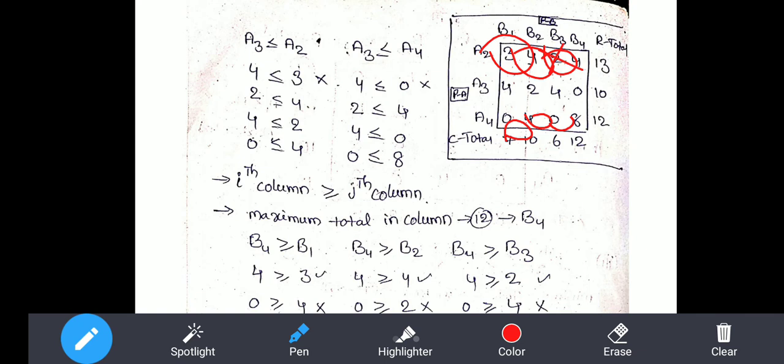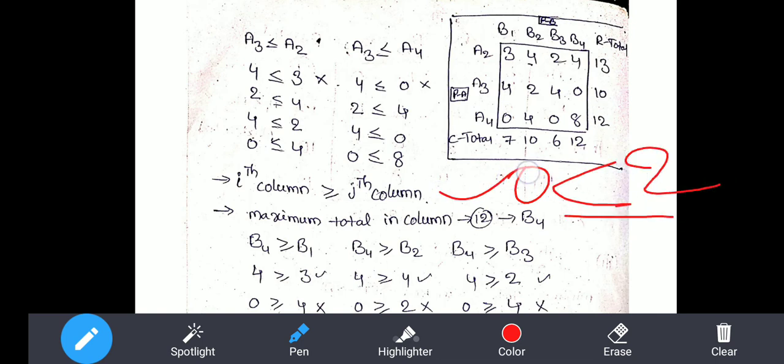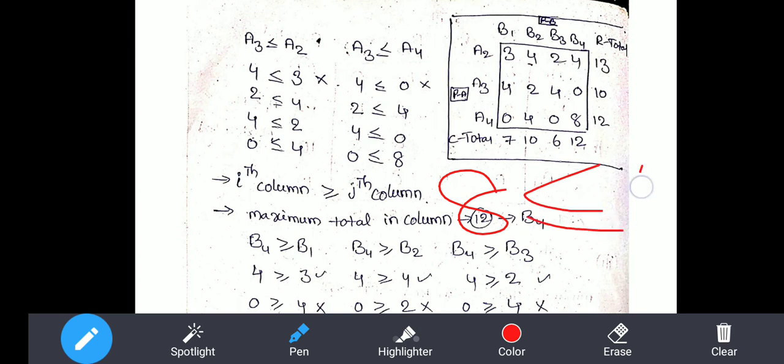So the condition is not satisfied and is rejected. This is also not applicable.